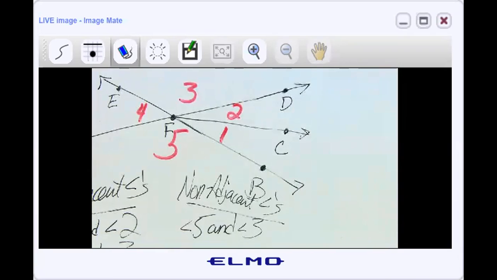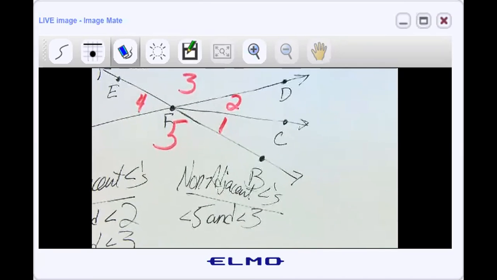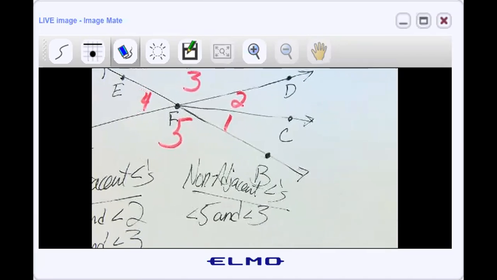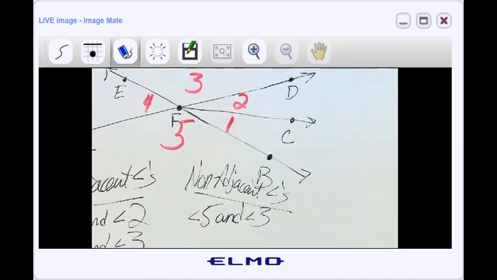They share a vertex, but they also have to share a wall. They don't. So 3 and 5 don't count. They're across the hall neighbors. They're not next door neighbors, and I need next door neighbors. Okay, so 3 and 5 definitely not adjacent. Who's got another pair? Give me another pair of non-adjacent angles that you see in this diagram.